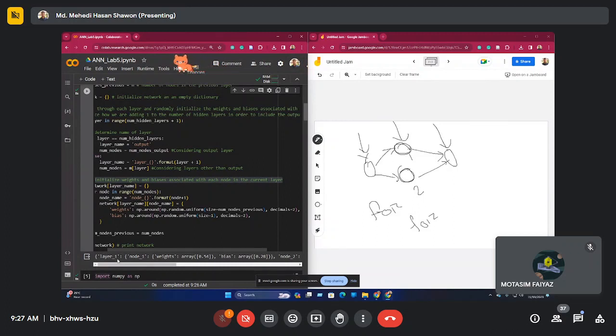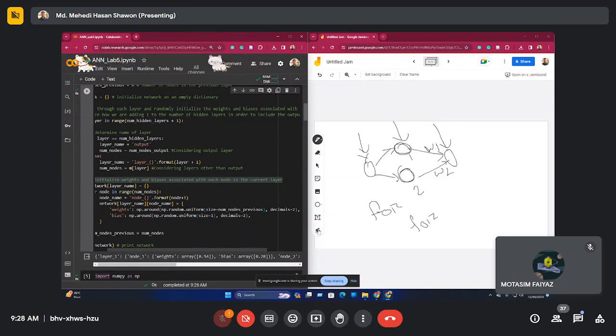You can see layer 1, node 1: weight 0.54, bias 0.28. Node 2, that is your hidden layer node 2: weight 0.42, bias 0.84. The output layer has two weights, weight 1 and weight 2, so it has an array of weights, and it has one bias. All right.